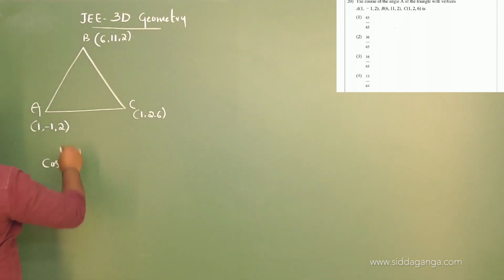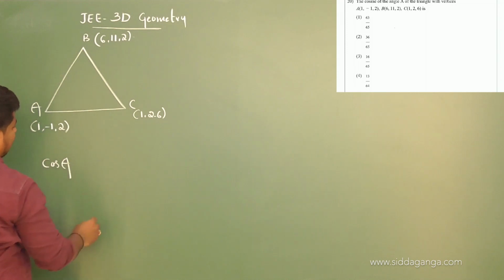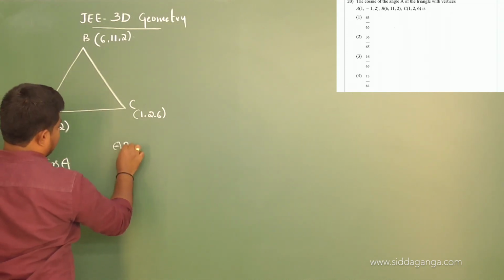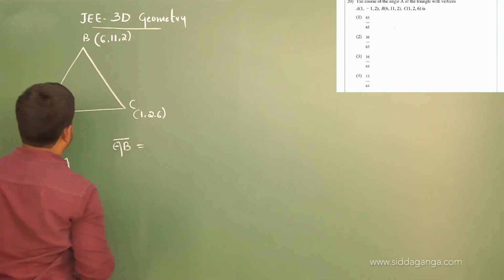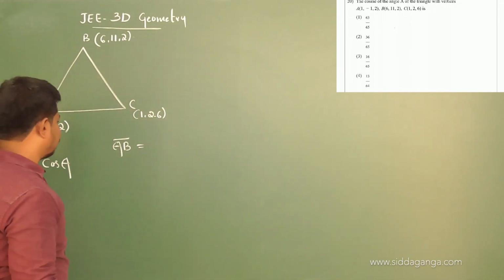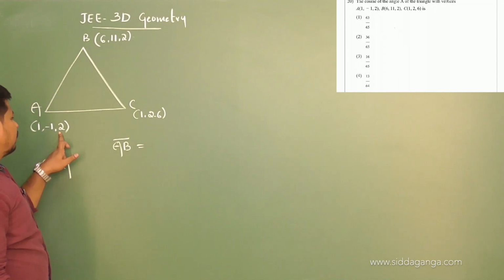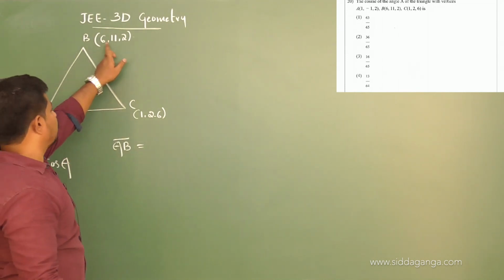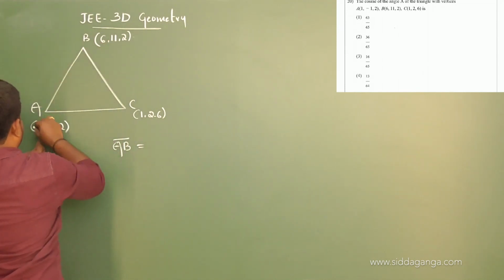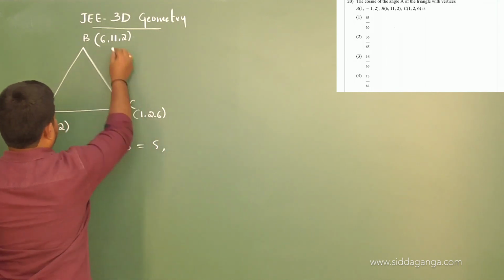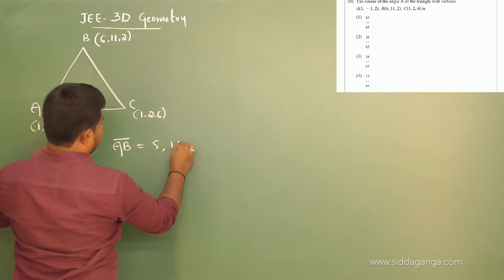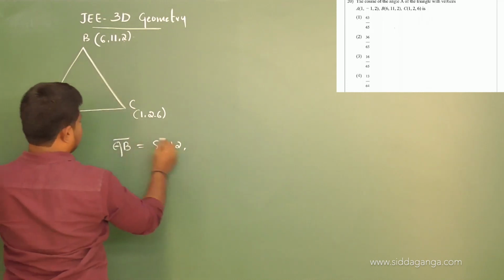So for this, let me find the direction ratios of the lines AB and AC. The direction ratios of a line joining two points x1, y1, z1 and x2, y2, z2 are x2 minus x1, y2 minus y1, z2 minus z1. That is 6 minus 1, 5, and 11 minus of minus 1, 12, and 2 minus 2, that is 0.